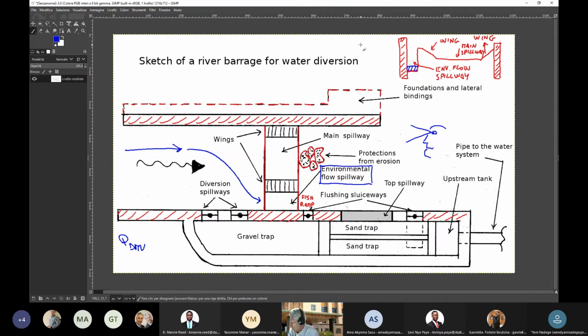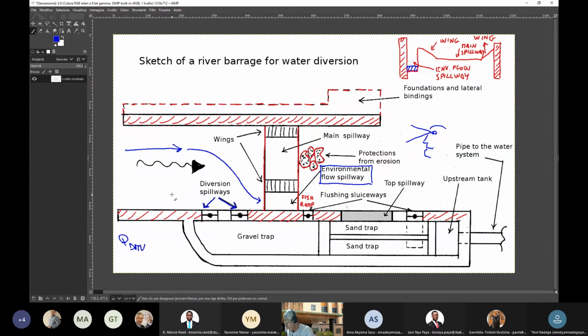Now, what happens to the water that is diverted? Let's look at the view from the top. You see that there are diversion spillways here. These are the spillways through which the diverted water passes.